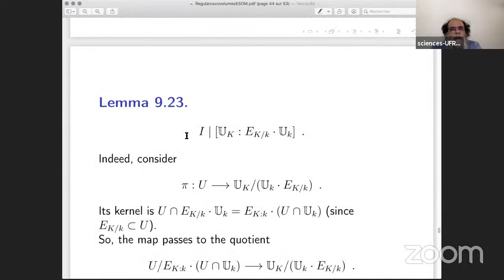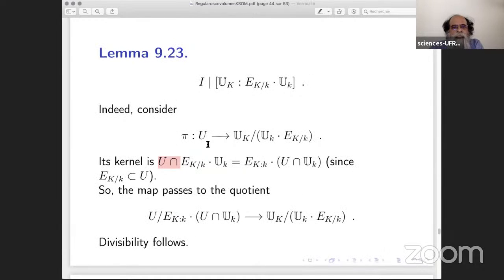Okay. So you have a lemma. The lemma tells you that the index, in fact, is a divisor of the index of the decomposition for the full relative units. So UK divided by the sum of the orthogonal complement of the units of the small field plus the relative units. This is easy to prove.